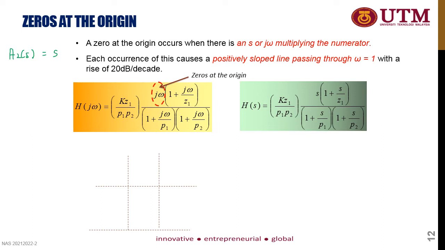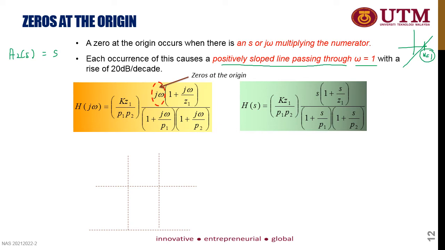Remember, origin in a Bode plot is when omega equal to 1. So you have a positive slope passing through omega equal to 1. What is a positive slope? It's something like this, and it must cross at omega equal to 1, with a 20 dB per decade increment.